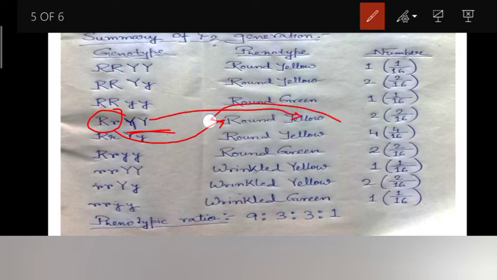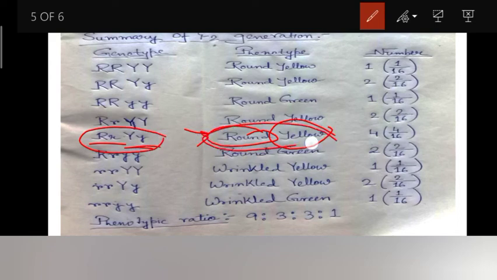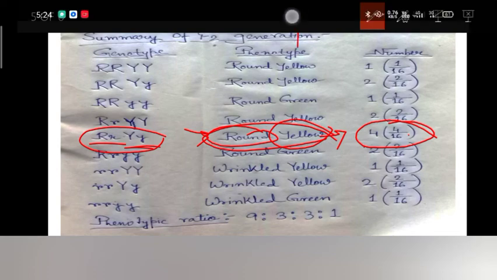So it is also round yellow, but genotypically is not same as above, and it gives from the chart 2 out of 16. Capital R small r gives round, capital Y small y gives yellow. Genotypically is different but phenotypically same. So it gives 4 out of 16. We get 4 in the Punnett square from 16.